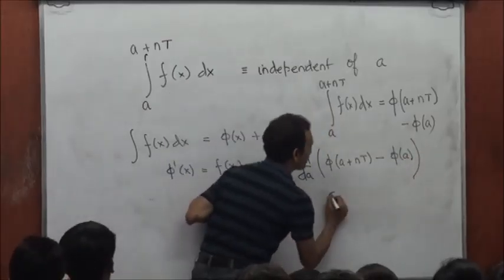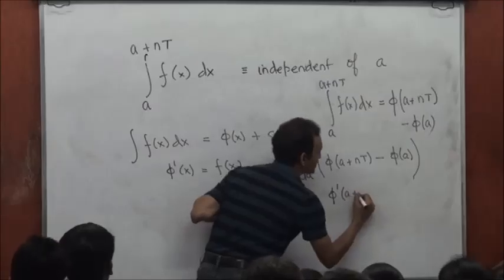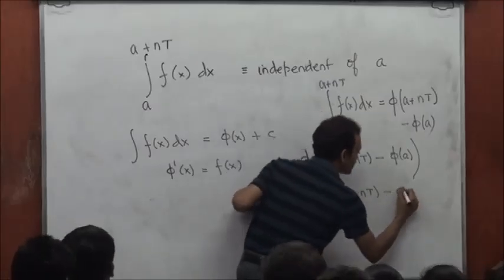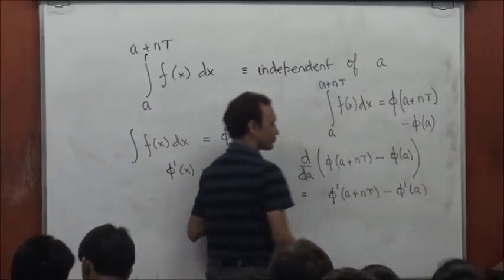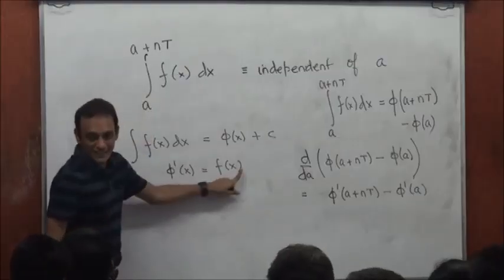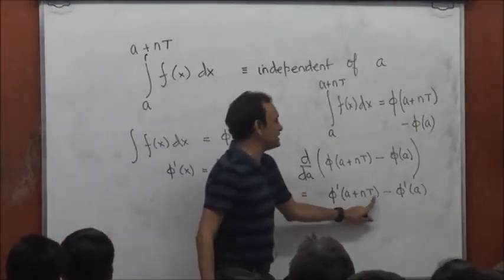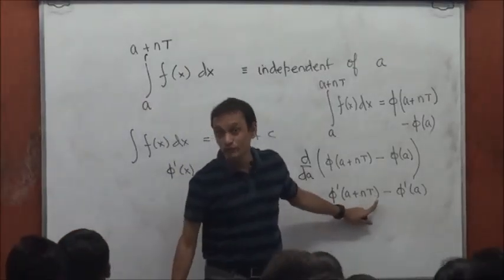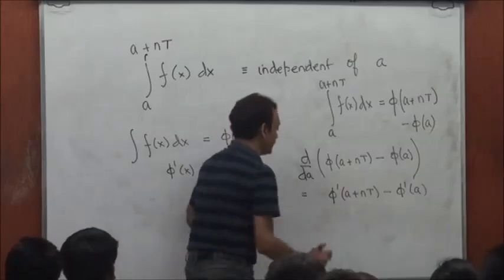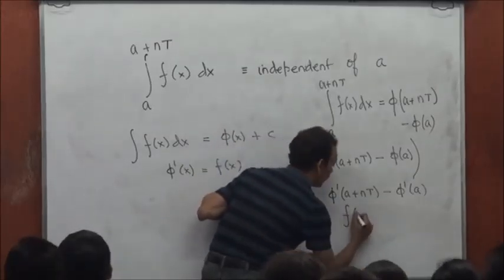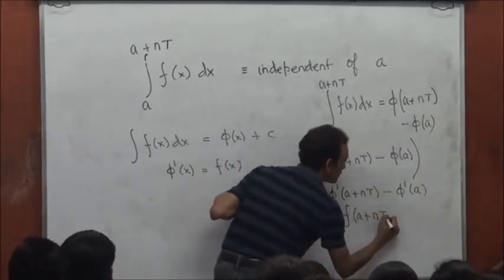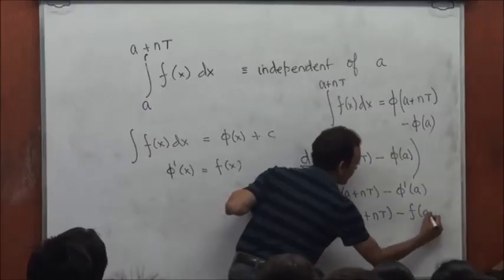This is evidently phi dash (a plus nt) minus phi dash a, yes or no? But phi dash x is f(x), so phi dash (a plus nt) would be f of (a plus nt) minus f of a.